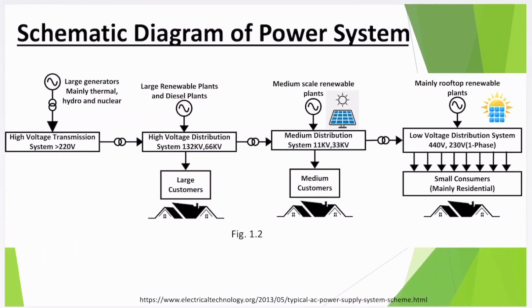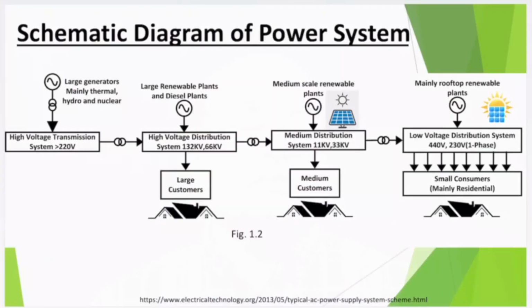If you look at the schematic diagram of a power system, initially we have large generators. They could be thermal, hydro, or nuclear, and then we allow this power to flow across a transmission line. Then we have different types of renewable generation, normally integrated at a voltage level below 132 kV.